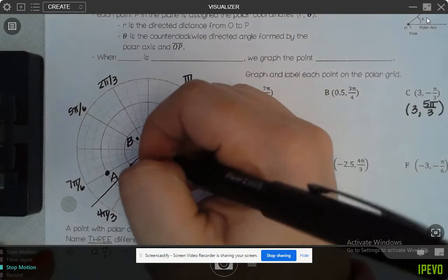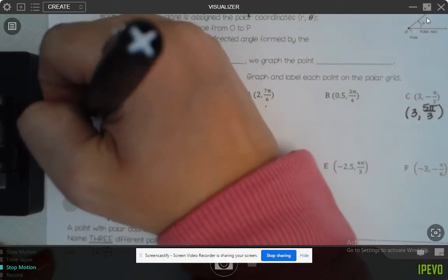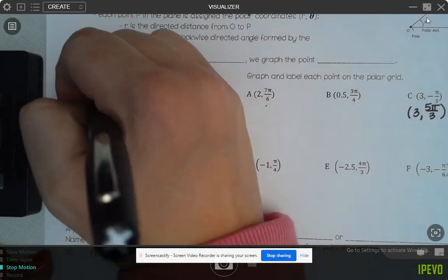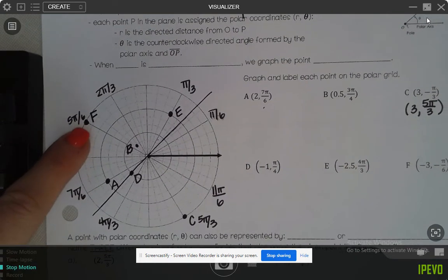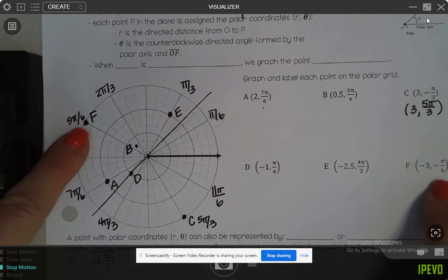So you're here, you're at 3. That should be all the way up there. This is negative, yes? Make it positive. So what do I add? 12 pi over 6.